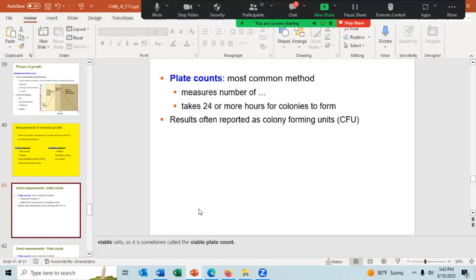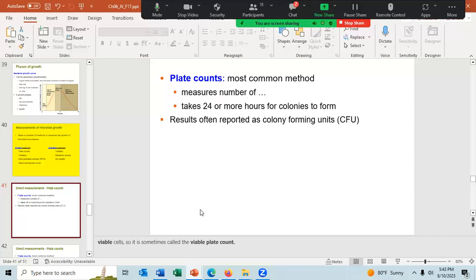Because when we have a dilution from our sample and then get so many colonies from that dilution, and then we estimate the number of cells per mil, we don't know the exact number of cells because some of the colonies are formed by more than one cell.